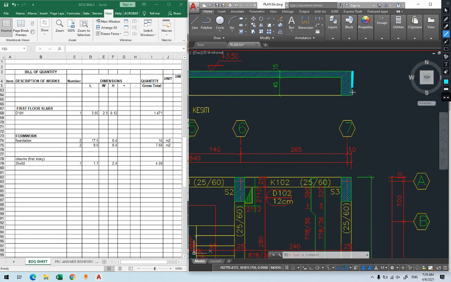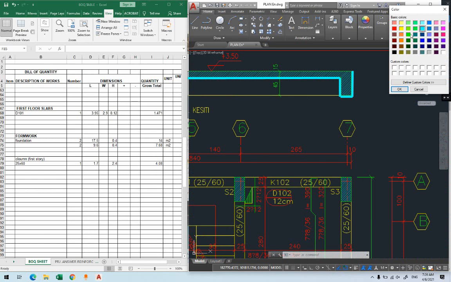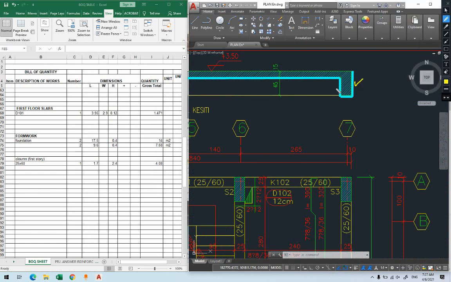There will be formwork here, there will be at the bottom of this beam, there will be this corner, and here it's for the slab. So realize that for the beam I have 1, 2, 3. So the bottom and the two sides.